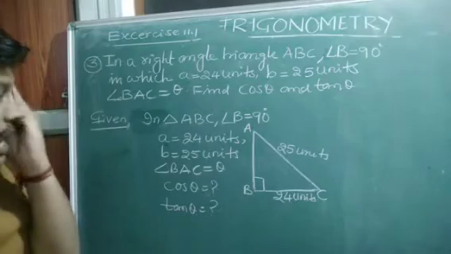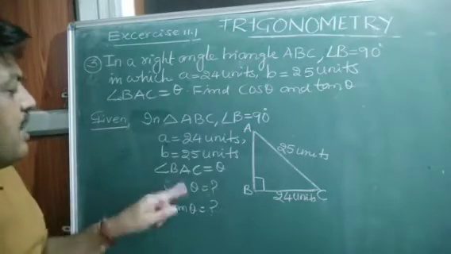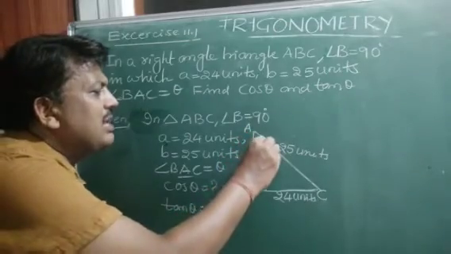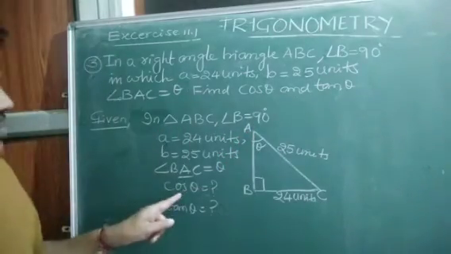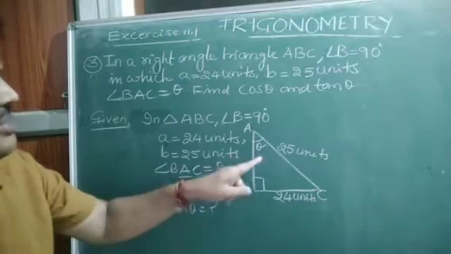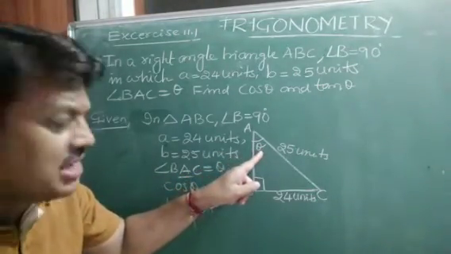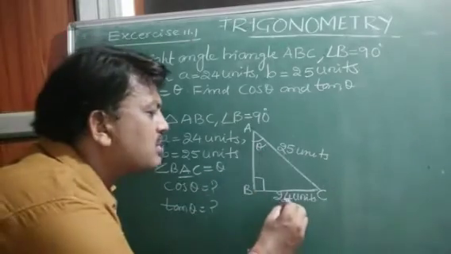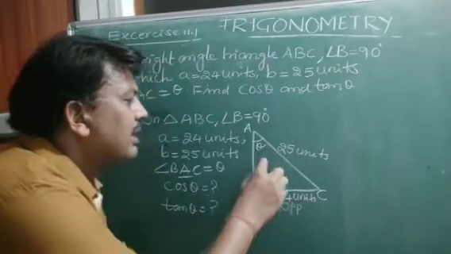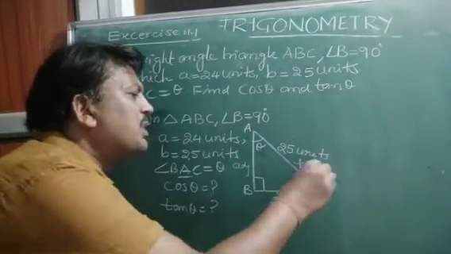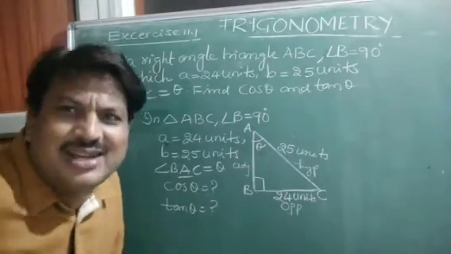And angle BAC, the center one is A, so this angle A is given as theta. We have to find cos theta and tan theta, so we have to see the sides with respect to this angle theta. So it becomes opposite, adjacent, and hypotenuse with respect to theta, children.